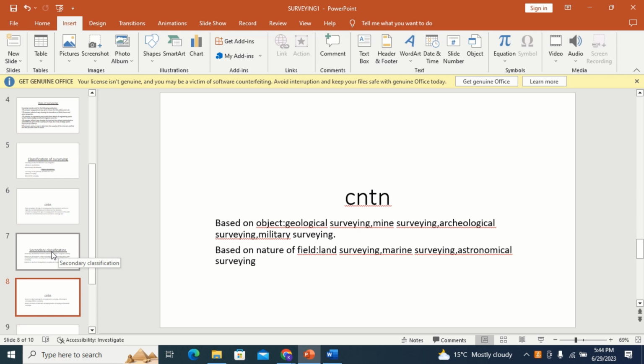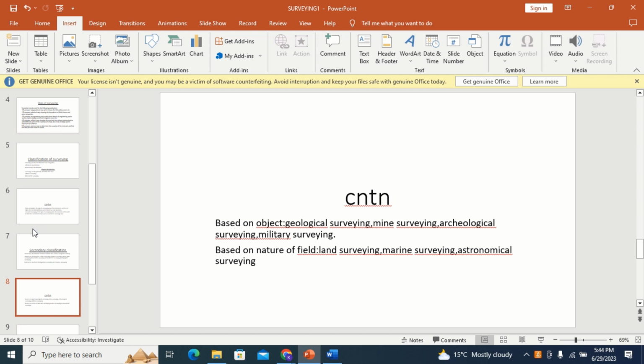So we are continuing the classifications, and we are now moving to category number 2, that is the secondary classifications.